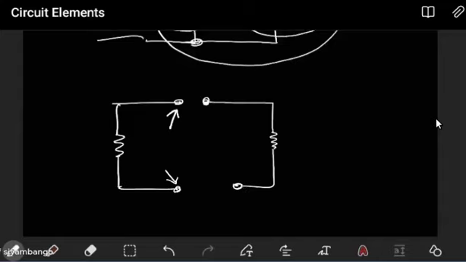Provided they're connected to the same 2 points, this sees the same difference as this one will see. So they will be exposed to the same potential difference across their terminals. Is that clear?